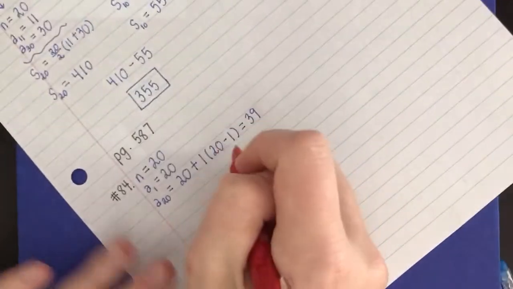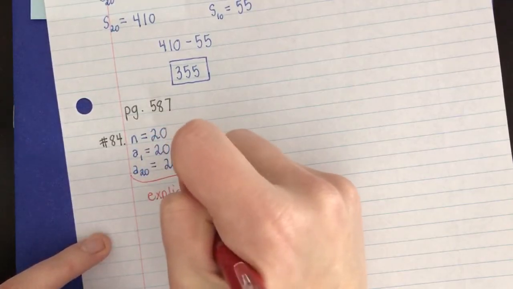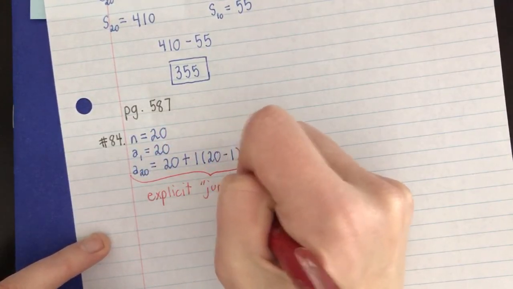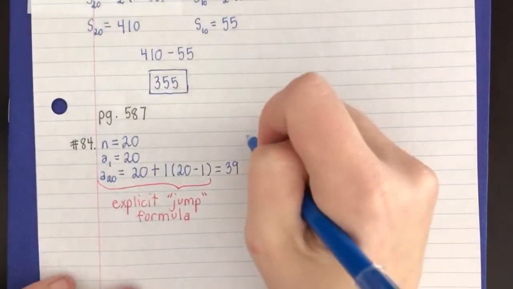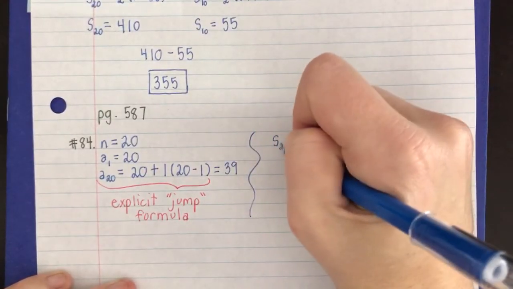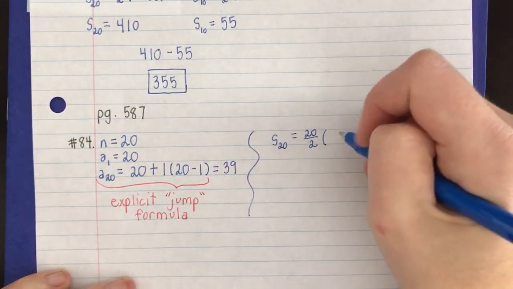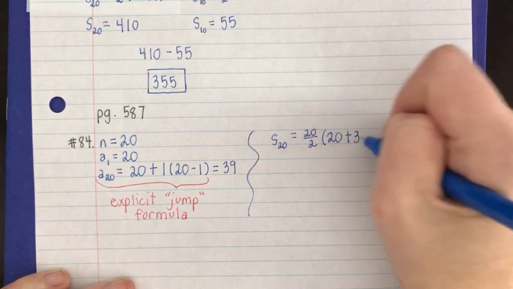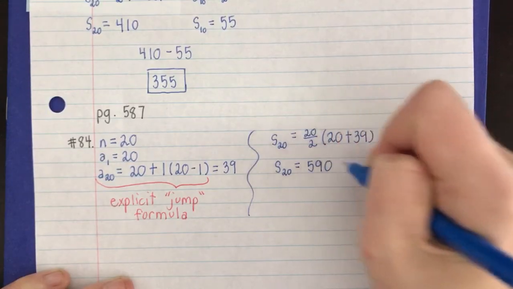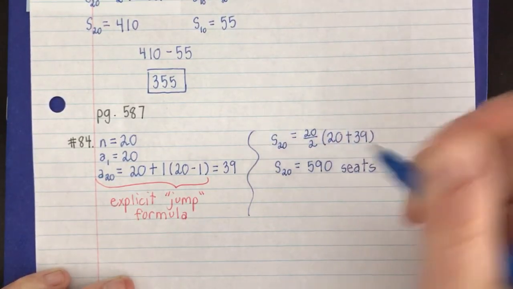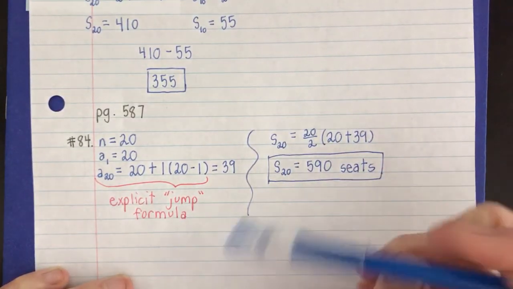So remember again, this is our jump formula, explicit jump formula. Okay, so to plug in and find our answer, you would have S sub 20 equals 20 divided by 2 times the quantity 20 plus 39, and you'd get S sub 20 equals 590 seats total, which we already knew the answer, but check it in your scientific calculator.